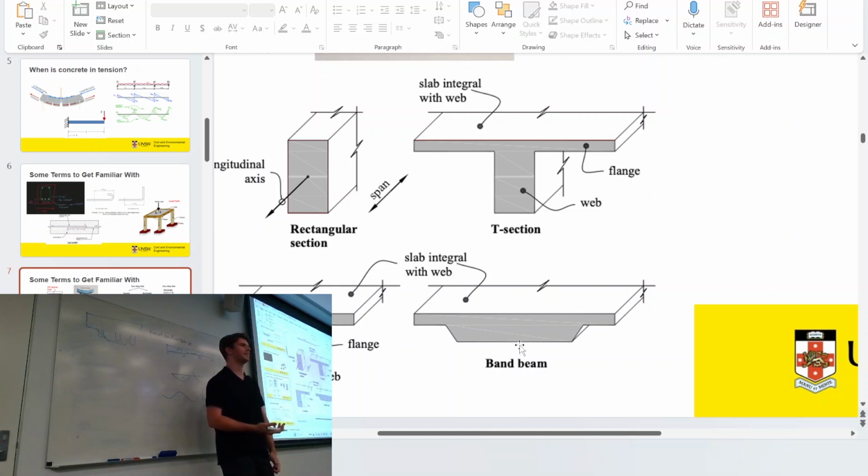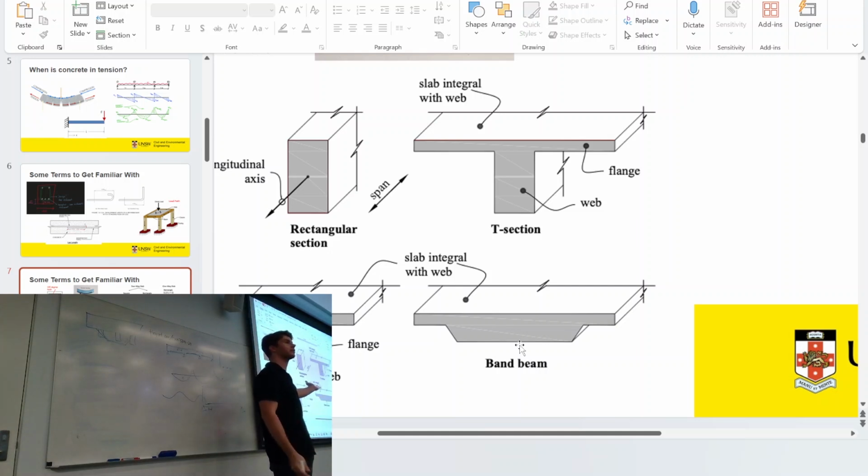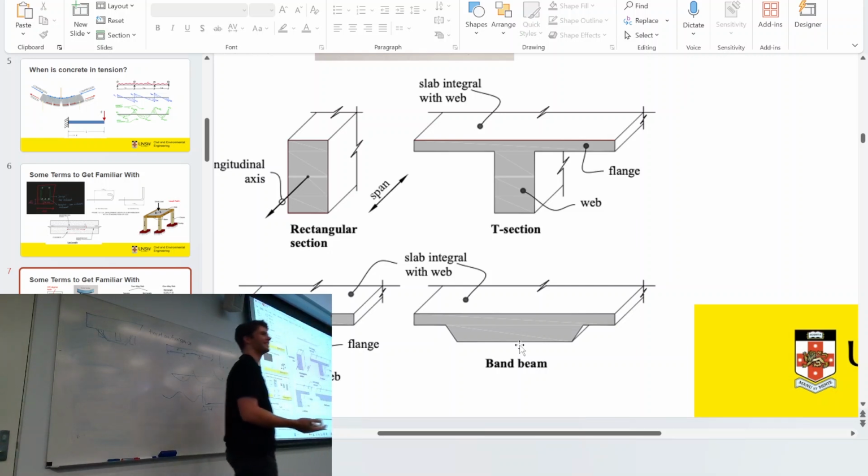Alright, I'll just spill it. Basically, car parks, right? In car parks, you might have seen these a lot because they need as much head height as possible for vehicles, right? You know what I mean? Yeah.